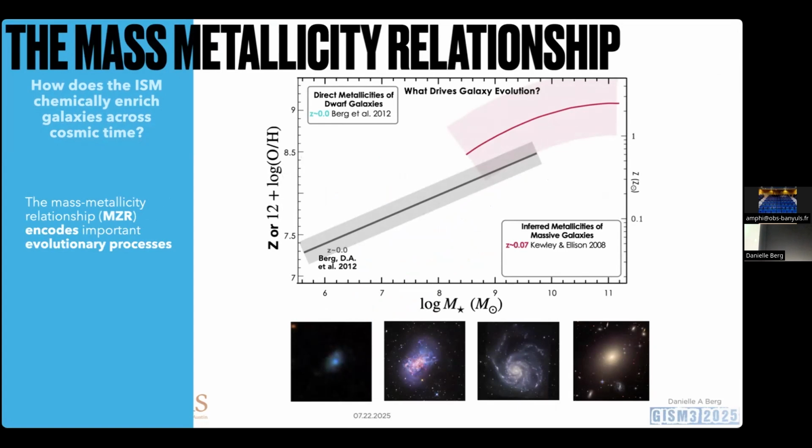If they collide a bunch, form bigger things, keep accreting gas. But we can also look at this at different epochs. Here I'm showing you a direct method metallicity relationship I did in 2012 for the Local Volume Legacy. And this is compared to a pretty local relationship from Kewley and Ellison using strong line abundances for more massive galaxies. And you see that there is an offset.